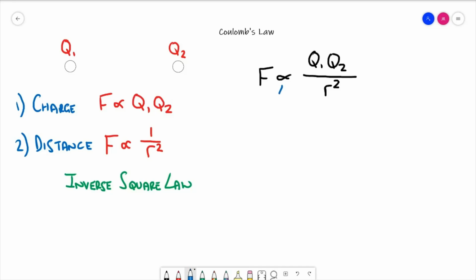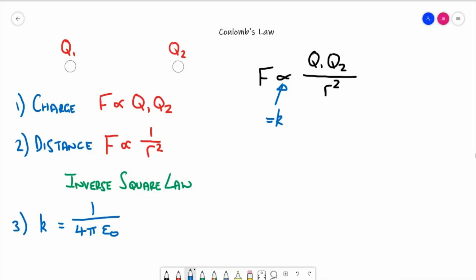Our next step is to take the proportional sign and to replace it with the equal sign and some constant. In Coulomb's law, the constant itself is actually made up of a couple of different parts and is this. It's 1 over 4 pi multiplied by epsilon naught.